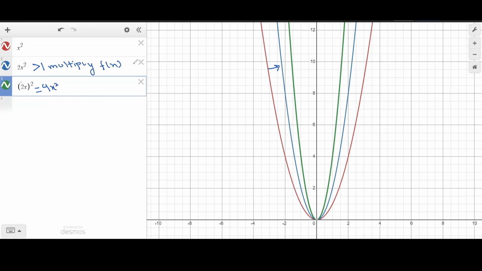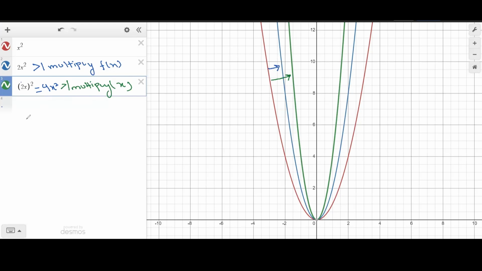And we see that here on the graph, the function has shrunk more. So multiplying the input of the function with a number greater than 1 also gives us a shrink inside the function.